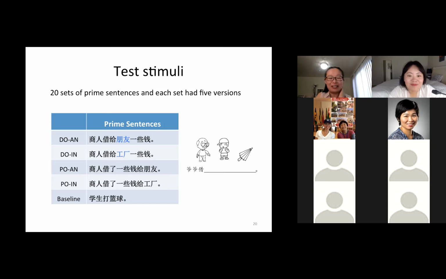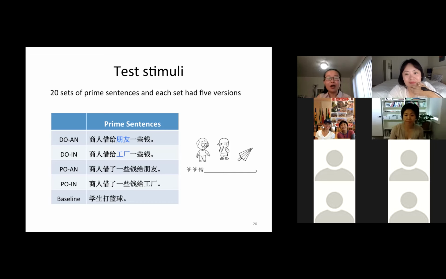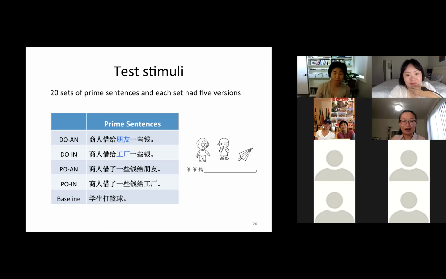If you have any questions, just let me know. It's kind of complicated because we don't want participants to know the goal of this experiment. Oh, I forgot to say, during the test phase, phase 3, we have 60 sets of fillers and 20 sets of real trials we care about.